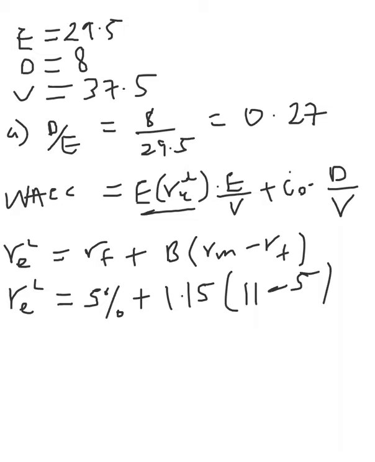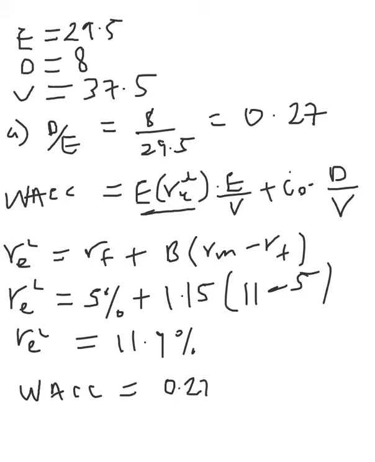So that is RE on this is equal to 11.9%. Okay, so now I'm going to write the weighted average cost of capital is equal to, the what is that of the debt. So that means the debt, sorry, not 0.27.